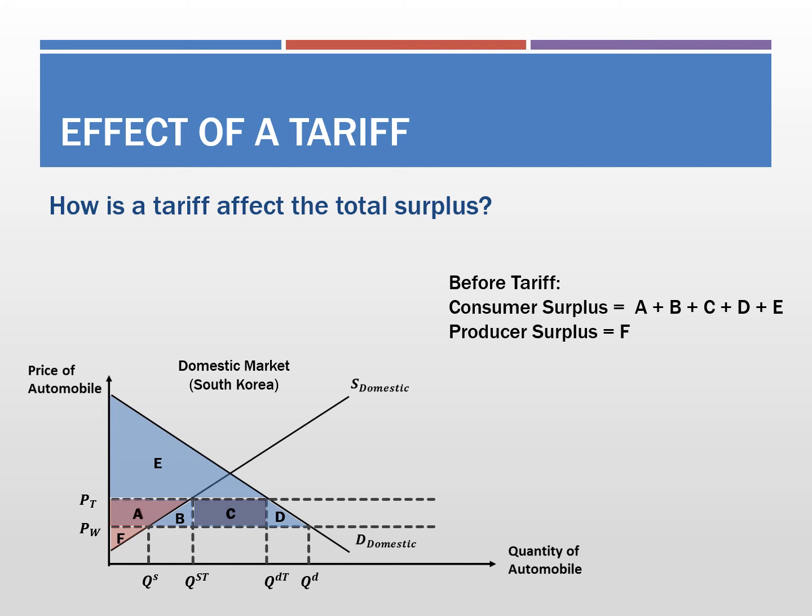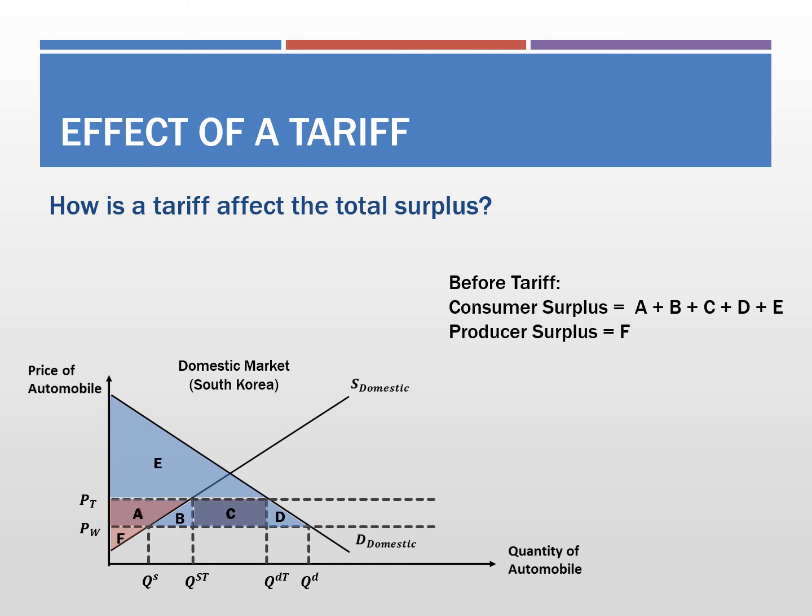If you think a little bit more clearly, area C has the height of the rectangle between PT and PW. And that is the total amount of tax per one unit of car being imported. So if the import tax is $10,000 per car, the height of this rectangle will be $10,000. And you look at the length of the rectangle C from QST to QDT.